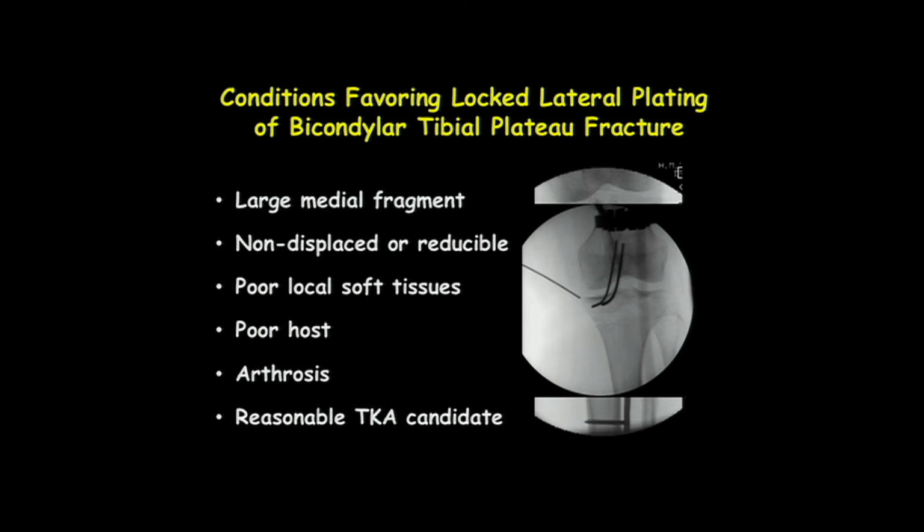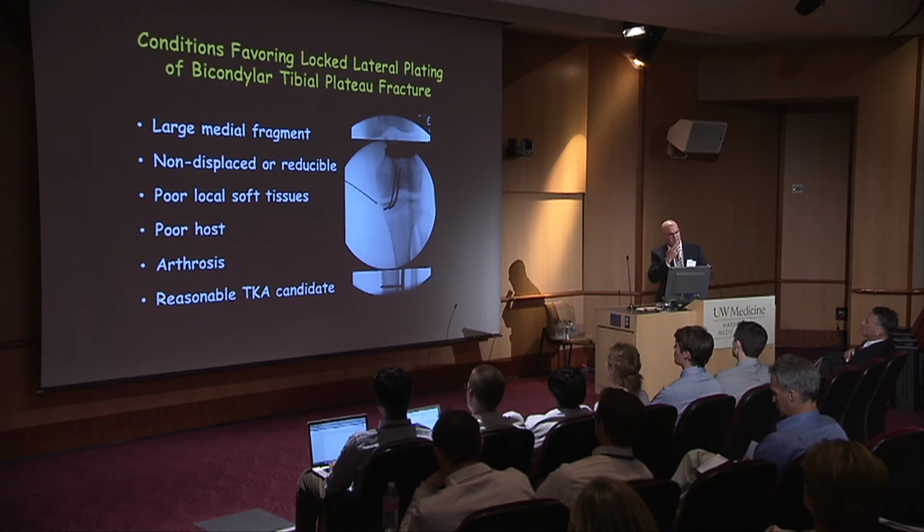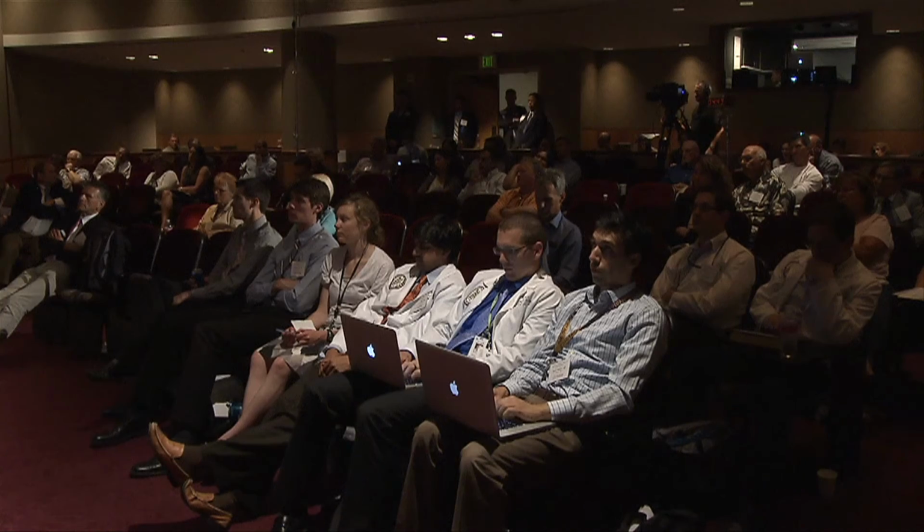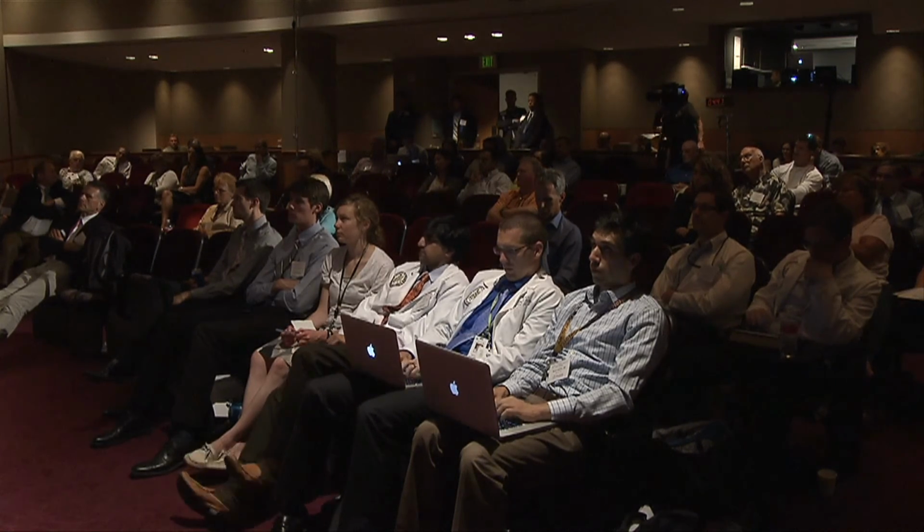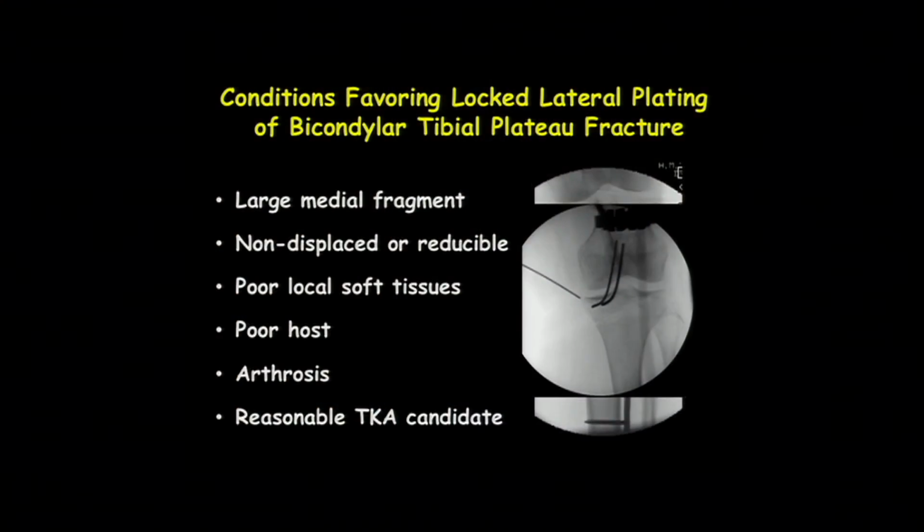If the patient has extremely poor local soft tissues and that might preclude or not favor a second posteromedial approach, that might be another example. If you get a poor host who's at risk, a brittle diabetic for example, or a patient who already has arthrosis, and if they were to get a deep infection, they may never be a candidate for total knee arthroplasty, or somebody who's already a total knee arthroplasty candidate, you don't want to preclude their ability to get that down the line.